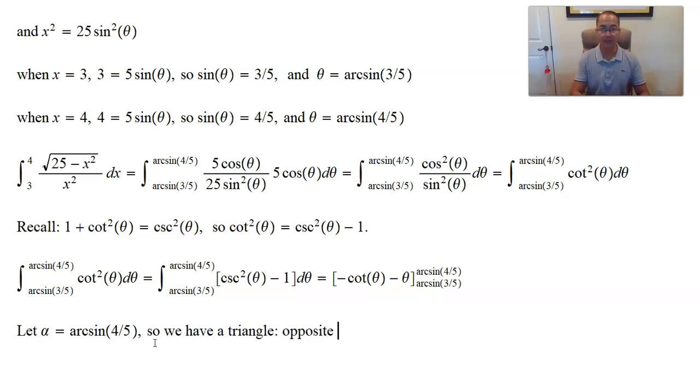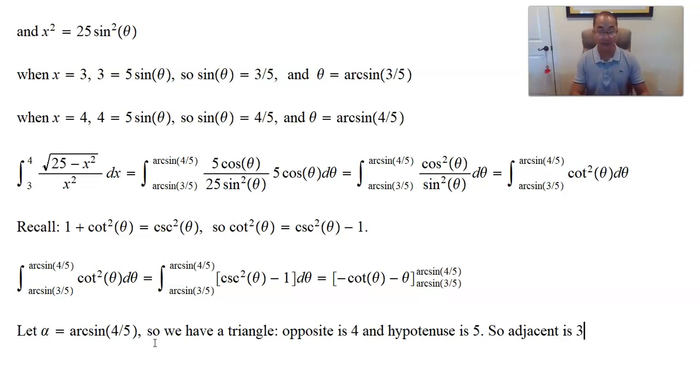Opposite is 4, and hypotenuse is 5. So adjacent, remember the Pythagorean theorem. Sorry, I'm not going to draw a triangle for you. You can do it in your notes. Opposite 4, hypotenuse 5, Pythagorean theorem, 25 minus 16 is 9, square root of 9 is 3.